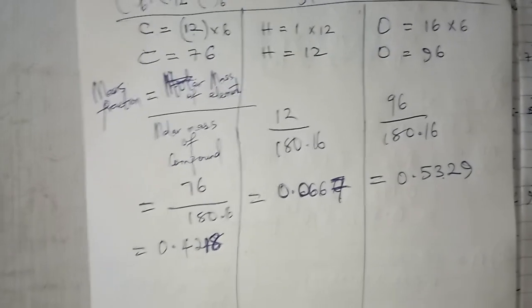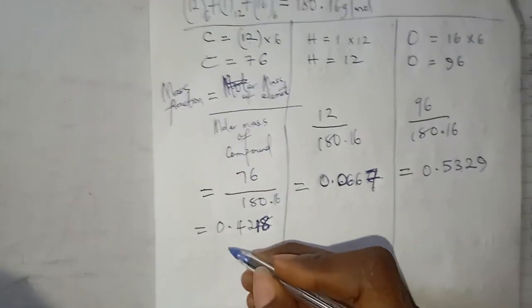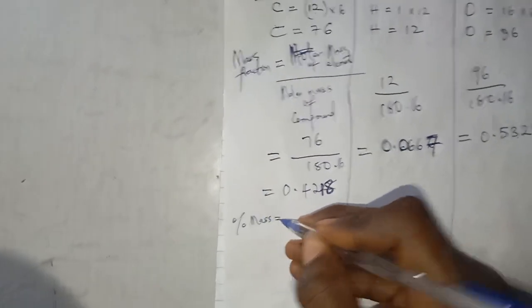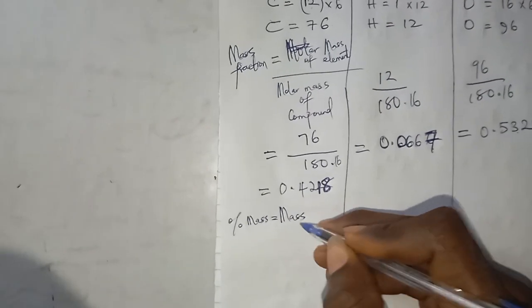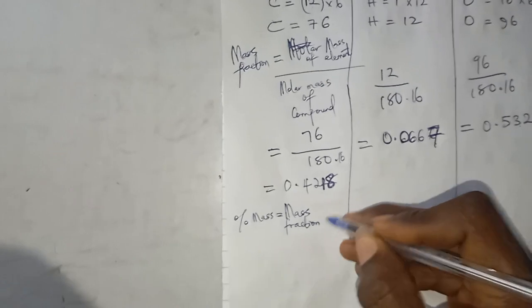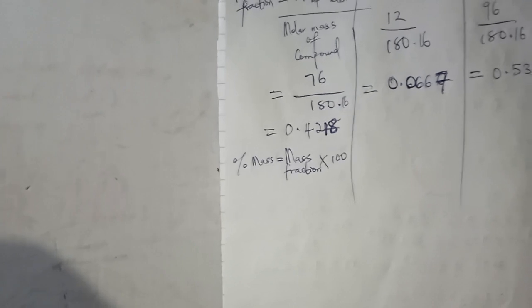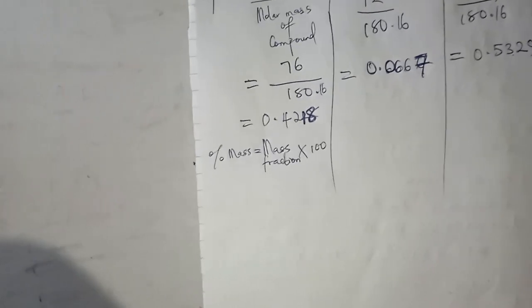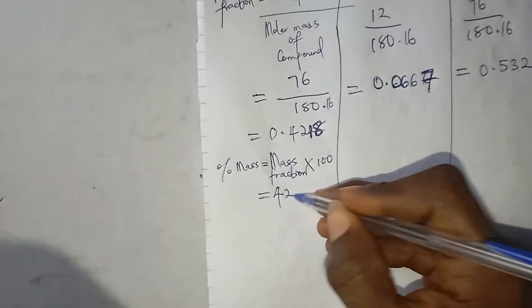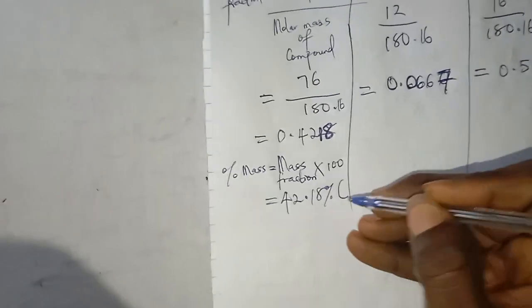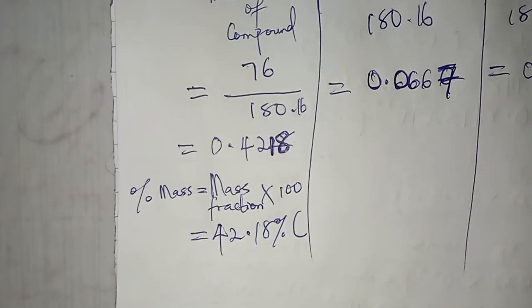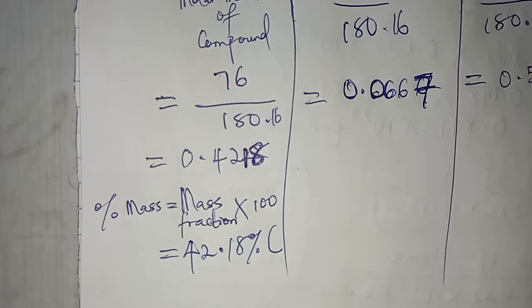So now if they tell you to get the mass percent, mass percent is equal to mass fraction times 100. So if I do 0.4218 times 100, I'm getting 42.18% carbon. So the mass percent of carbon is 42.18.